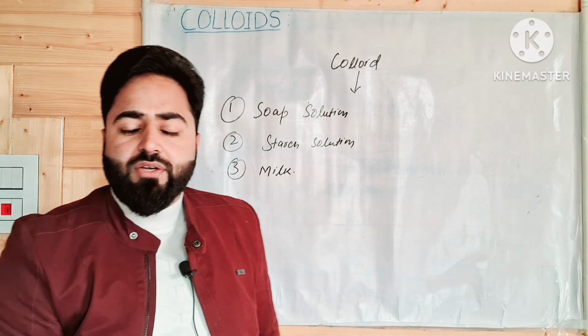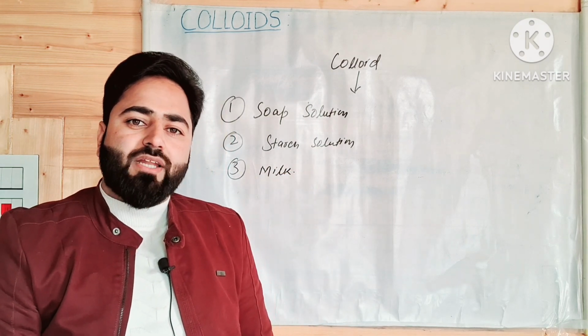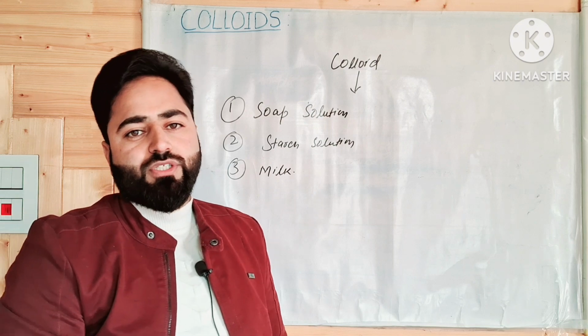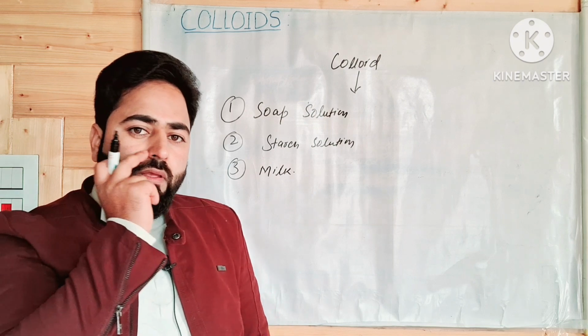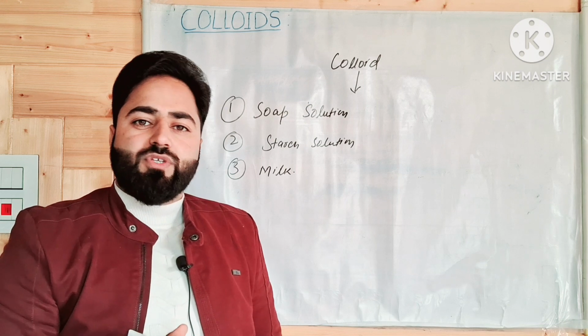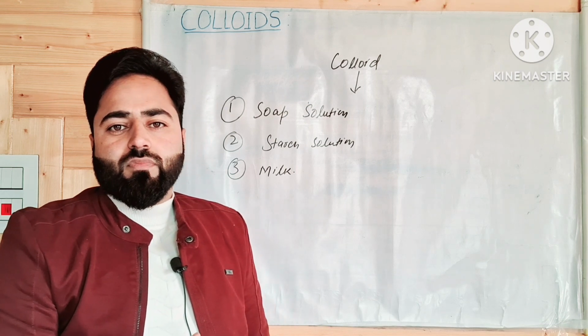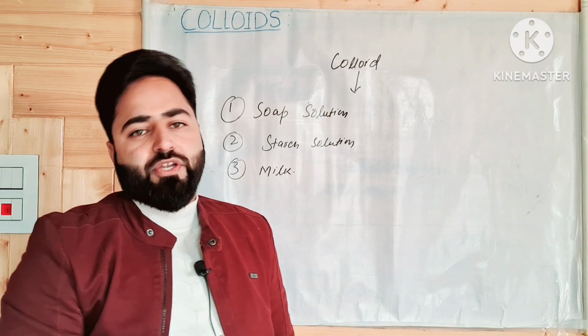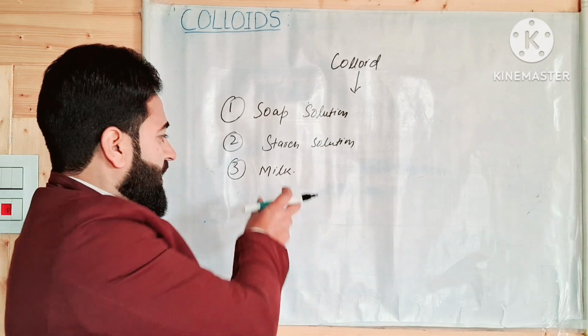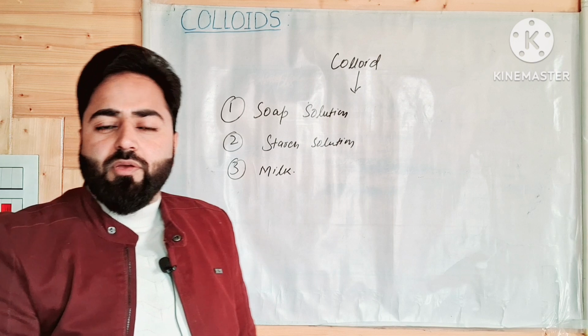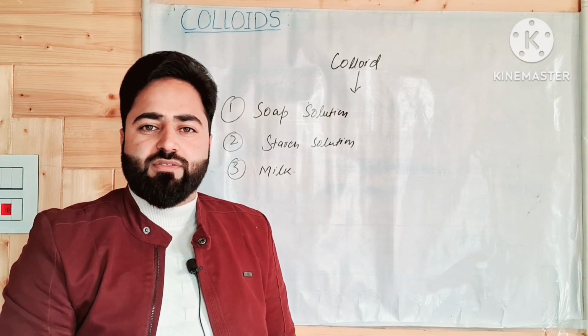As I already told you, a colloidal solution appears to be homogeneous, but when it is observed through a high power microscope, it is found to be heterogeneous. Likewise, milk appears to be homogeneous.